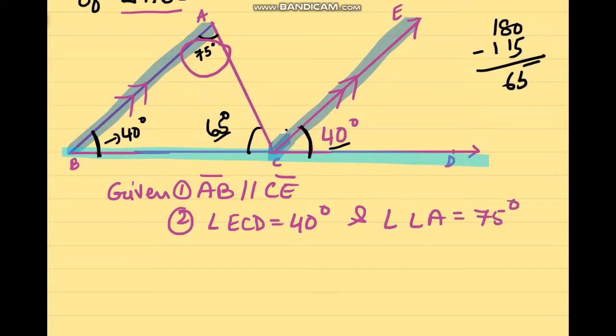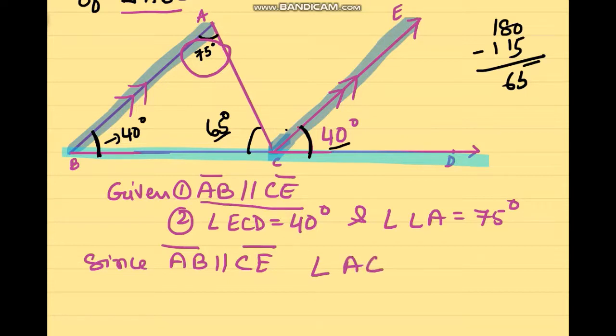This much is given. So since AB is parallel to CE, angle ABC will be equal to angle ECD. Why? Corresponding angles.